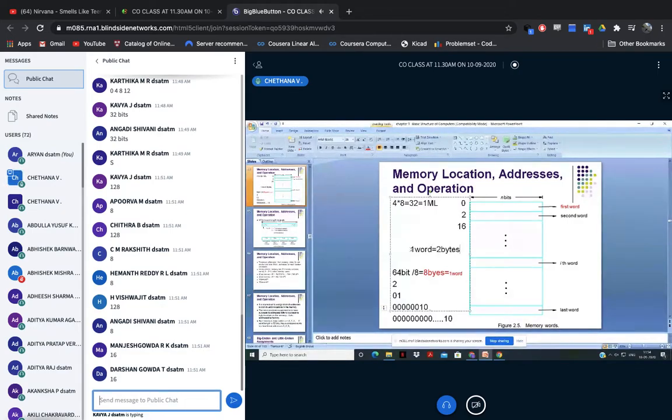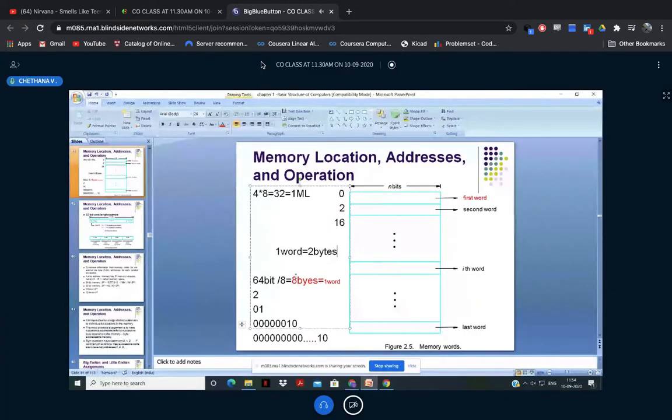So the word depends on how many bytes of data you consider as one complete memory address data. If I kept only 2 bytes in the first word, one word is equal to 2 bytes. If I put 4 bytes, one word is equal to 4 bytes. That is what word indicates. Have you understood my point? Yes or no?